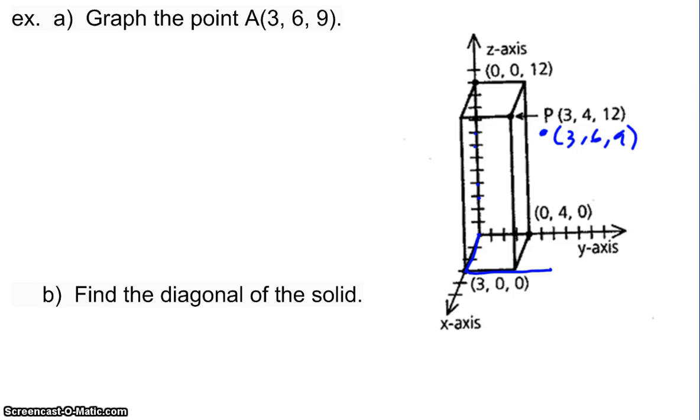And for part B, it says find the diagonal of that solid. So to find the diagonal, we have to go from the top corner all the way down to the other corner, which is at the origin. Well, in order to do that, we really need to find the diagonal of the base first, and use this triangle here in order to find the diagonal of the base.